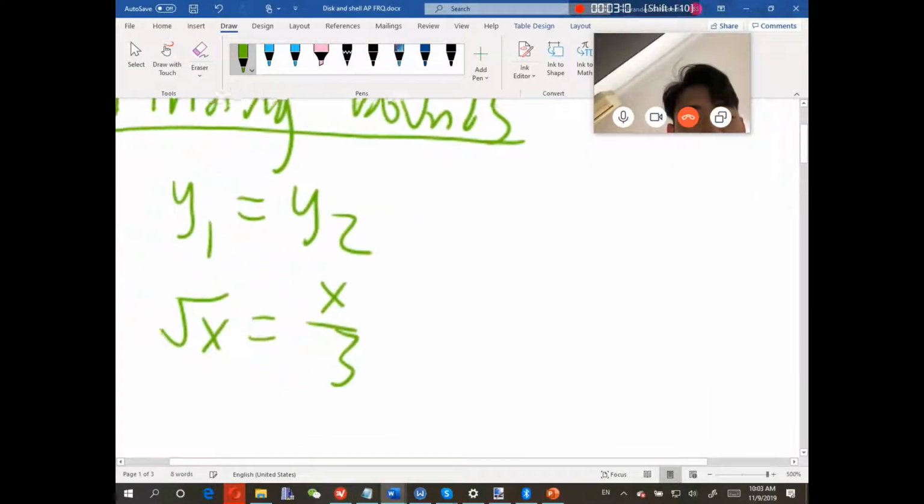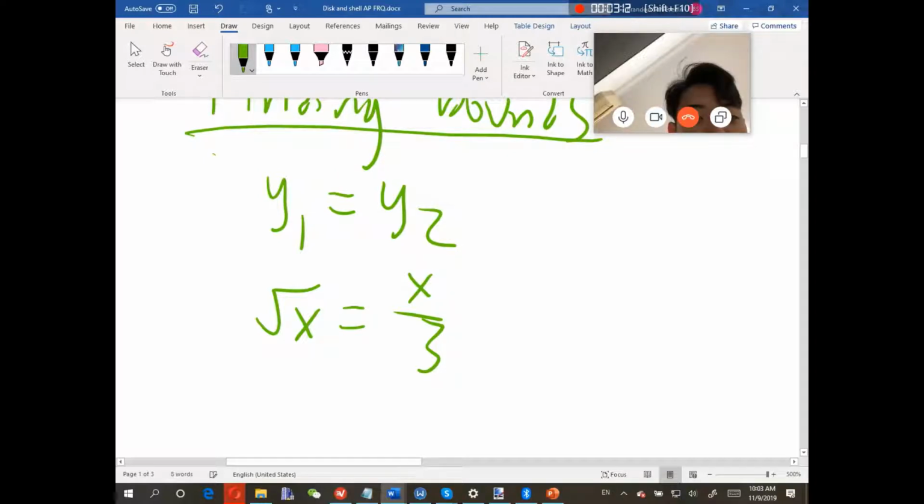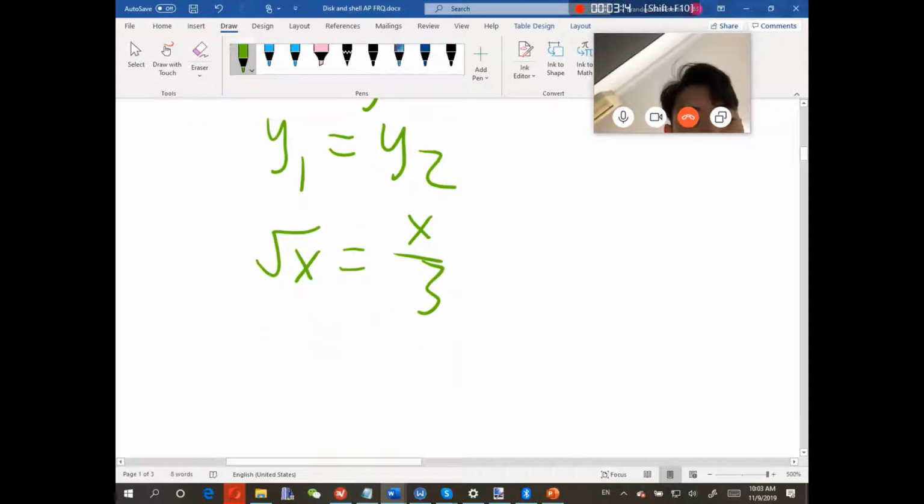Okay, I'm going to jump down here now. If the square root of x is equal to x over 3, what can I do to solve for x? Sure, I can times 3. 3 root x is equal to x. Okay, now what? Square root.